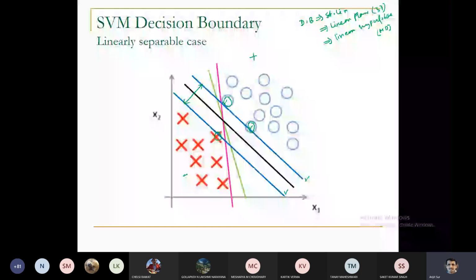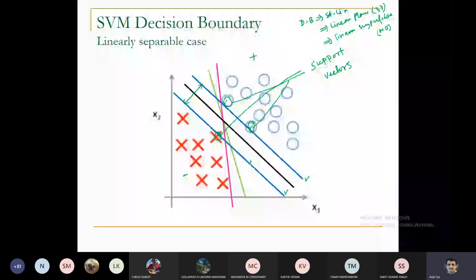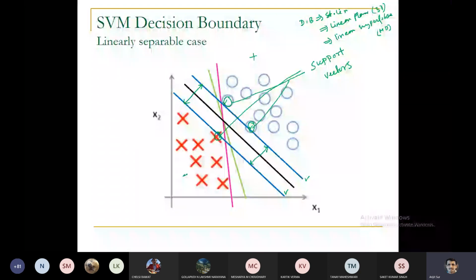These are the closest data points to the line, or they almost touch the line. So these data points tell you in which case the margin is maximum. This maximum margin you can get for this particular data set. These data points are called support vectors.